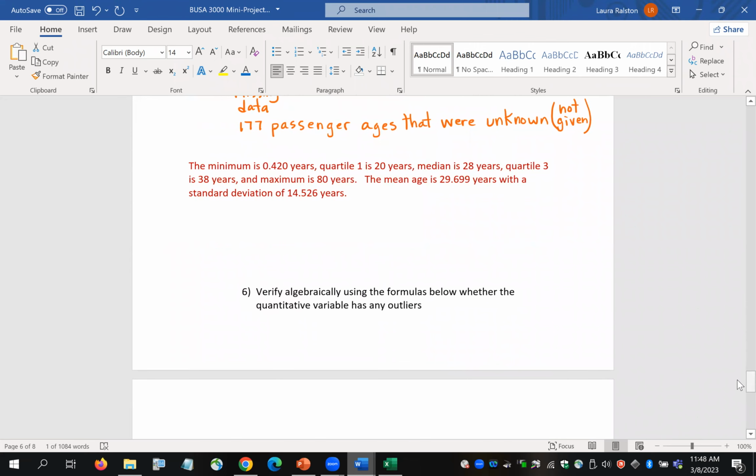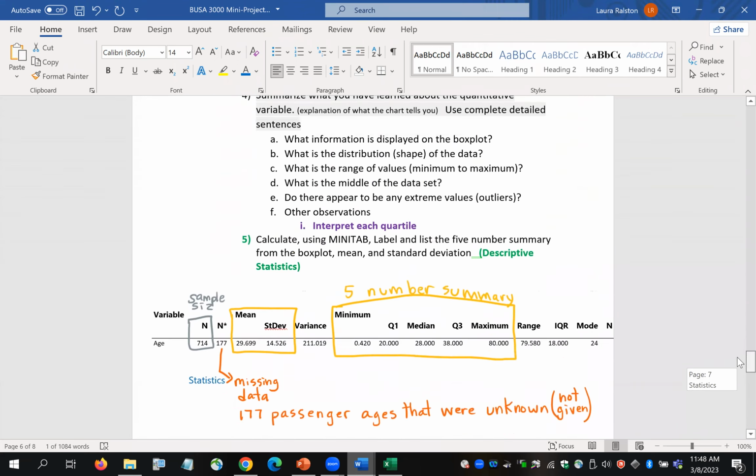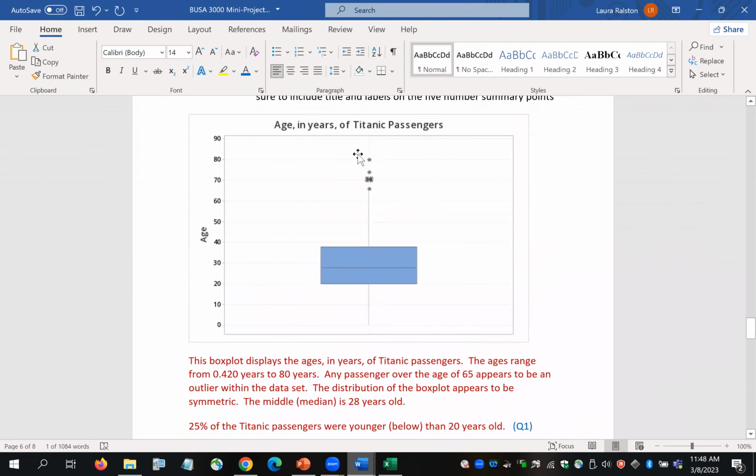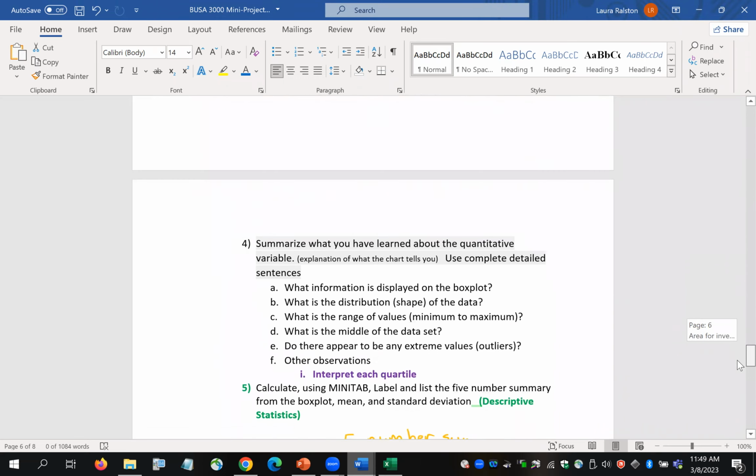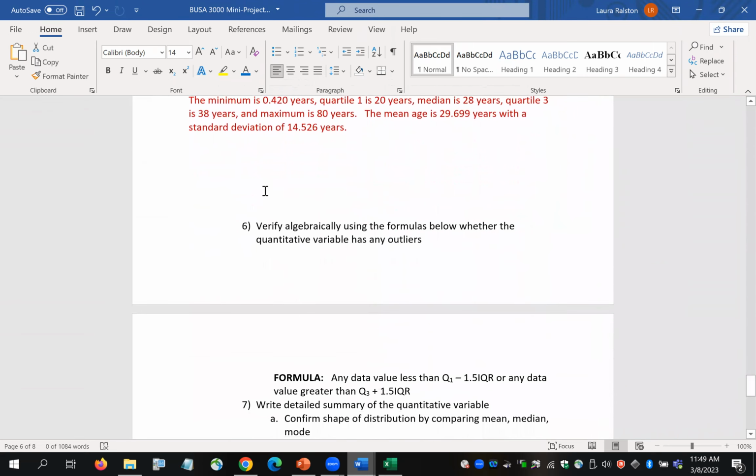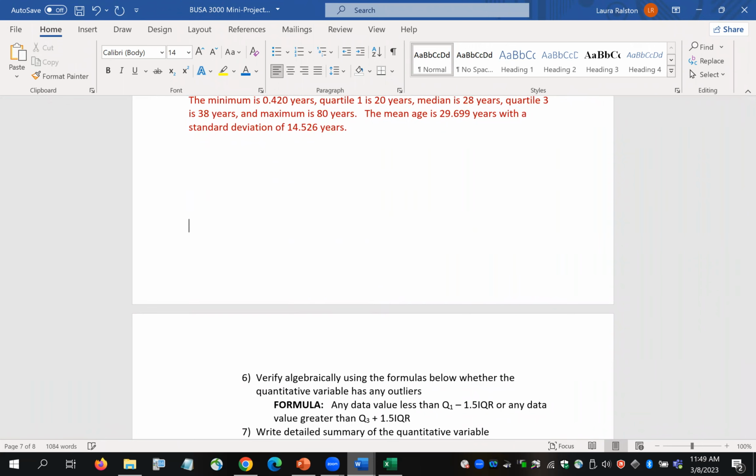Then we want to verify. Remember, I told you visually the box plot shows that we have outliers. Remember, these values up here that are stars are outliers. And our box plot shows it to us visually. But we want to prove that they really are outliers based on the numbers. And so question 6 here asks you to do that, and I give you the formula.